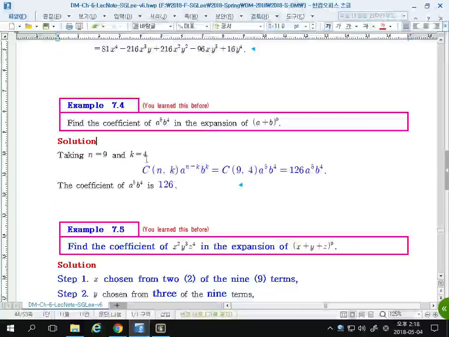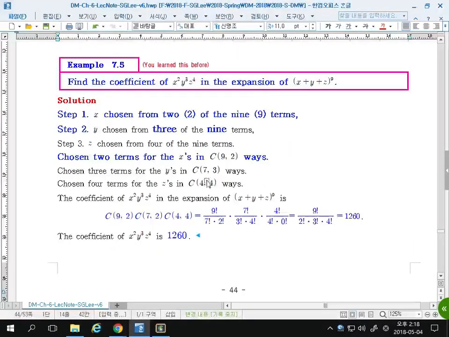This is what we are looking for. So n is equal to 9 and k is equal to 4, because 5 plus 4 is 9. So 9 choose 4 times a to the 5th times b to the 4th. Here 126 is the coefficient of these numbers.